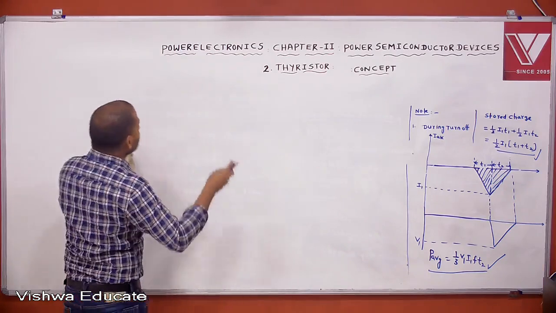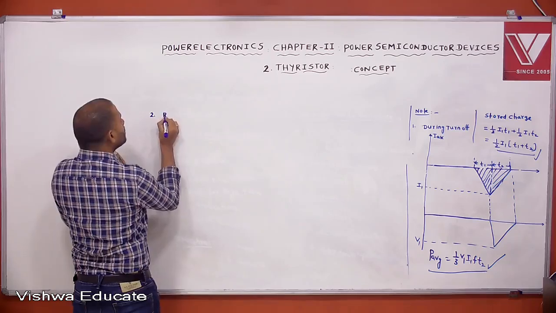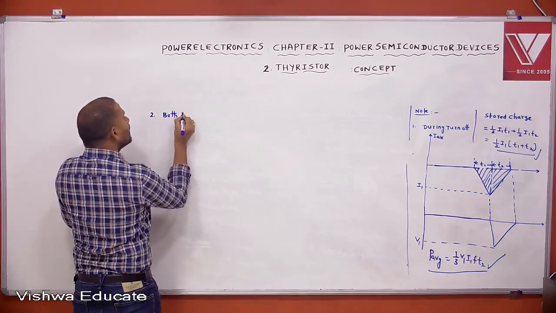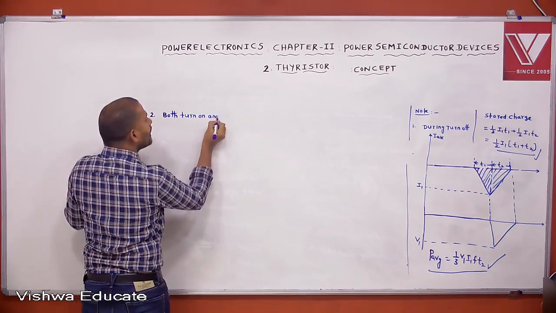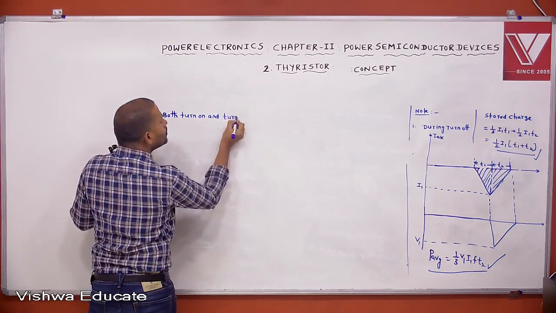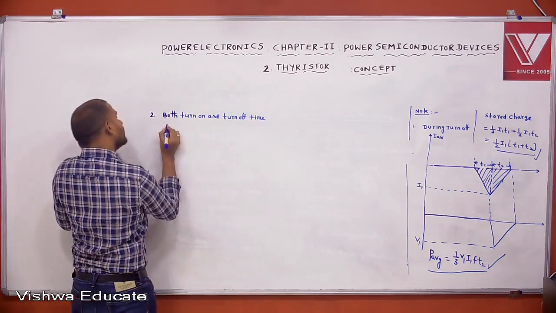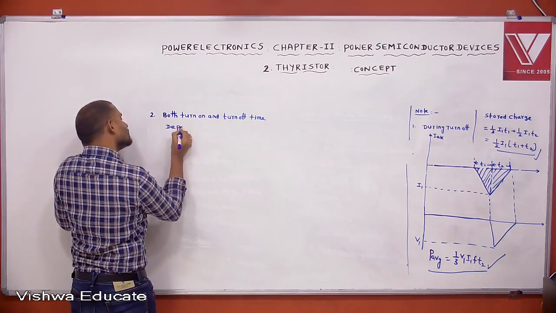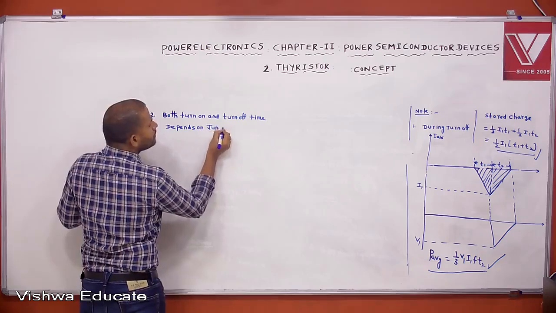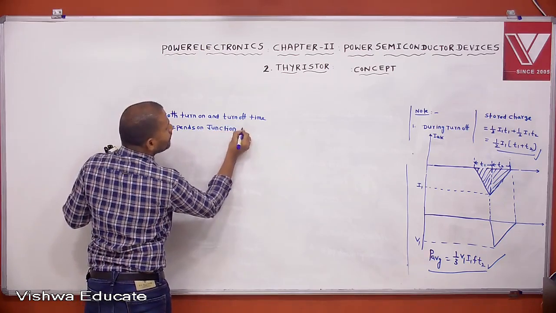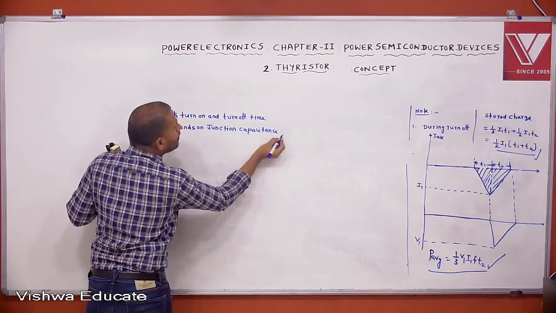That's the reason why both turn-on and turn-off times of thyristors depend on junction capacitance.